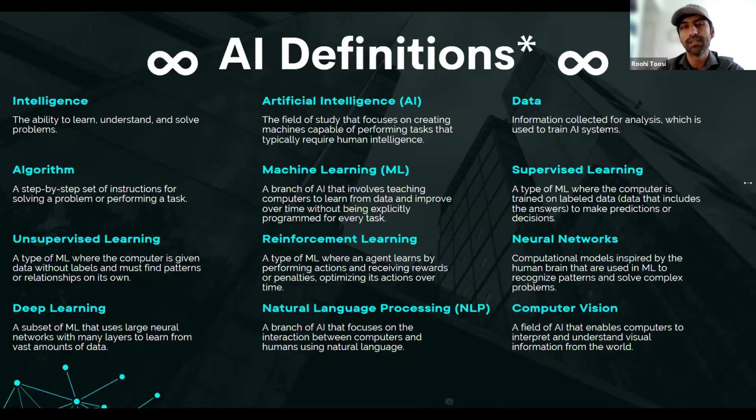Everybody has their own definition and ideas of AI. But I tried to utilize the Stanford University human-centered AI definitions and also ChatGPT, who knows a lot, to come up with some of the basic definitions that we have in the AI realm.